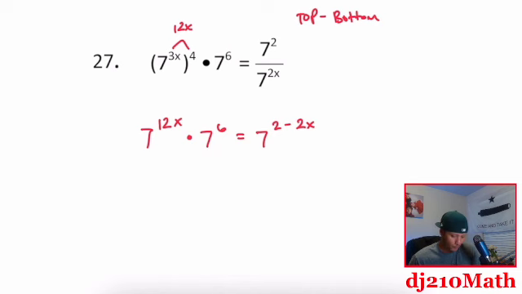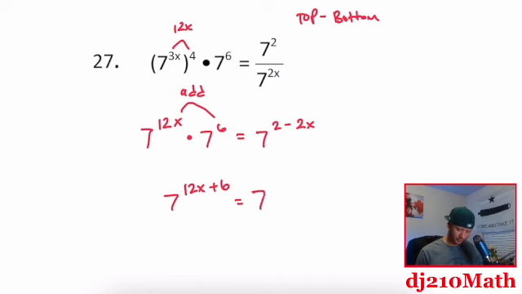Okay. What next? So then on the left, when you multiply common bases, you add the exponents. So then this is going to be 7 to the 12x plus 6 because you're adding the exponents. On the right, you have 7 to the 2 minus 2x.